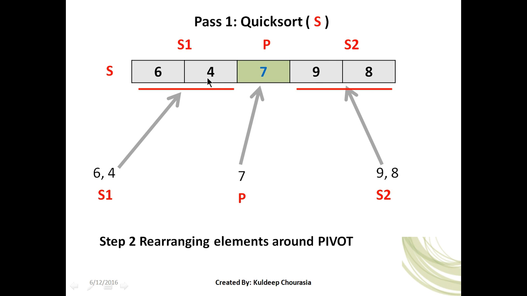The only thing is that you have to put numbers less than pivot to the left and greater than pivot to the right. Whether 4 is first or 6 is first, it doesn't matter. Similarly here, whether 9 is first or 8 is first, it doesn't matter. The only thing which matters is that if a number is less, it goes to the left, and if a number is greater, it goes to the right.